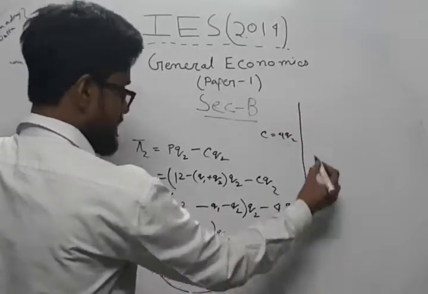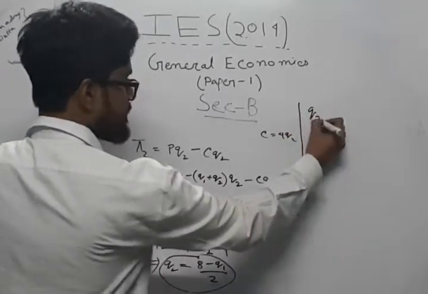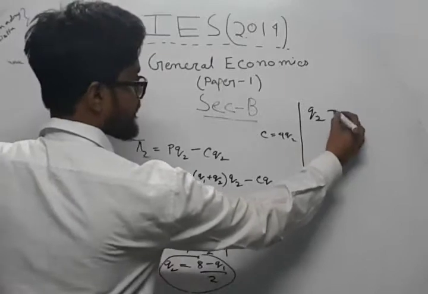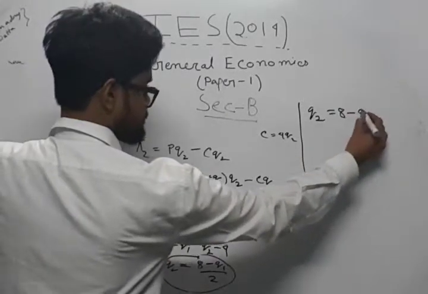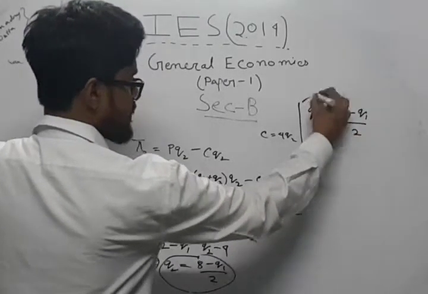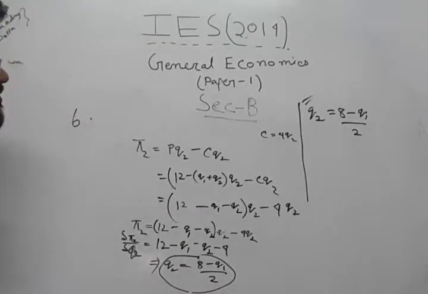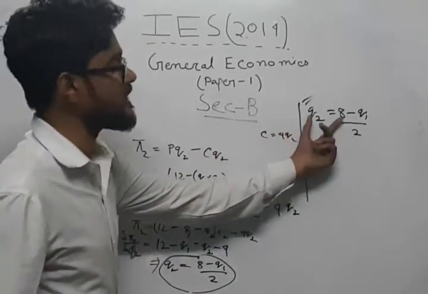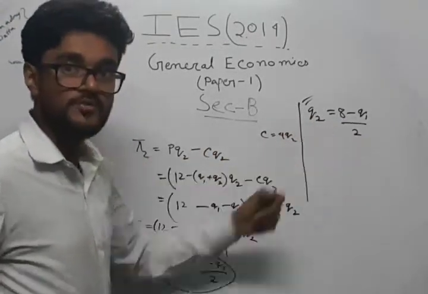I'll write down our findings on the right-hand side. So far we have found the equation Q2 equals (8 minus Q1) by 2.